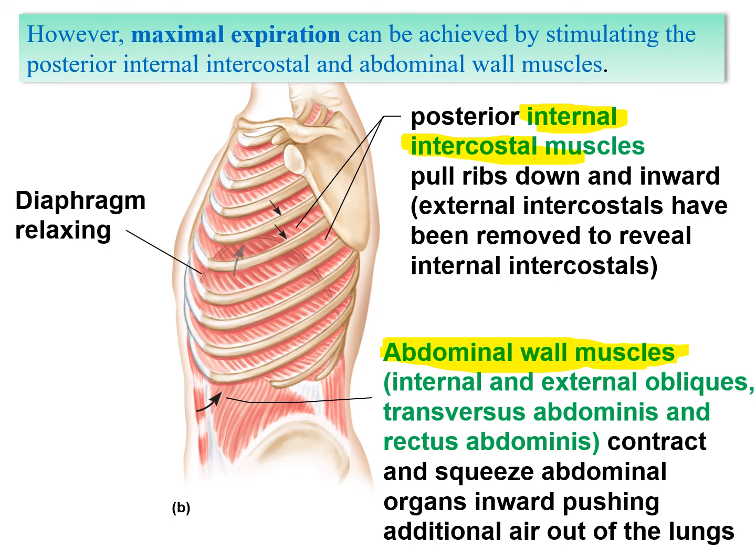The internal and external obliques, the transversus abdominis and the rectus abdominis, are four very thin layered muscles making up the abdominal wall. When they contract, in concert with the internal intercostals contracting, that acts to squeeze the abdominal organs and more air is expired from the lungs.